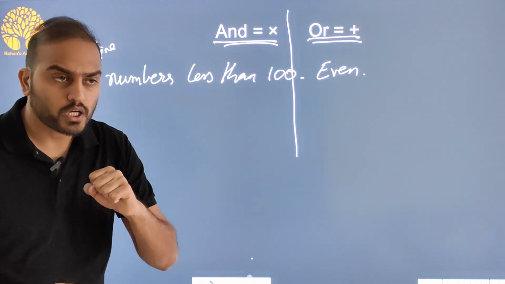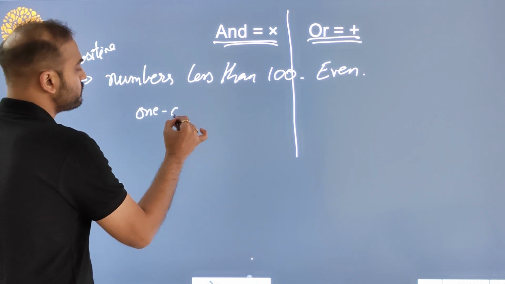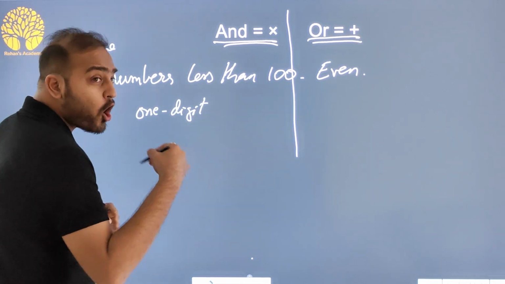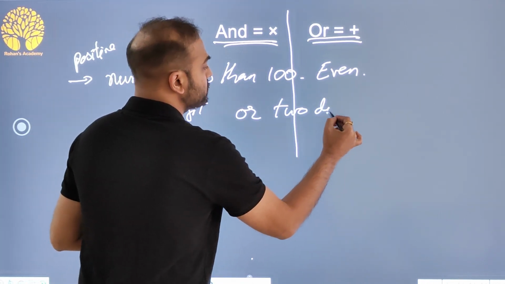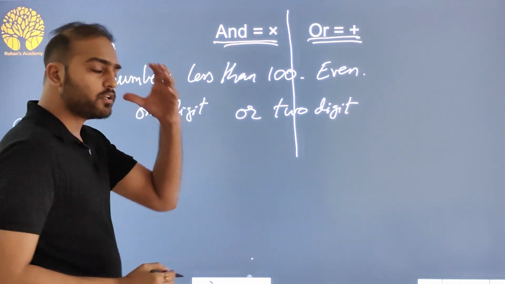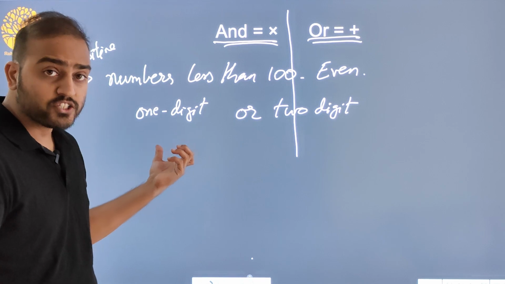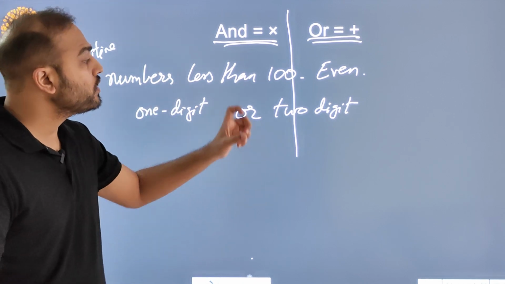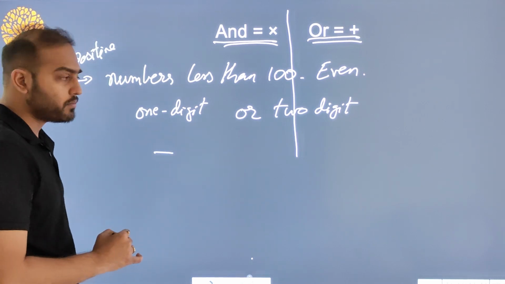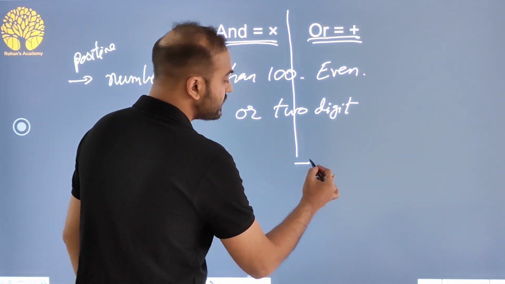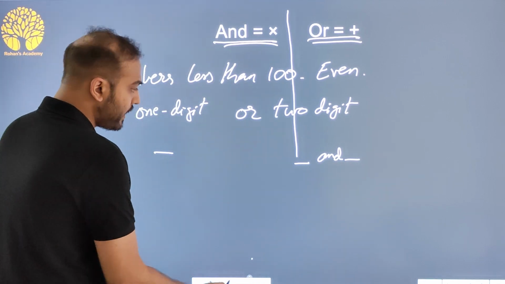So the first thing that should come to your mind is: I can have either a single digit or a two digit number. Single digit means a single space will come, two digit means two spaces, two digits will come.